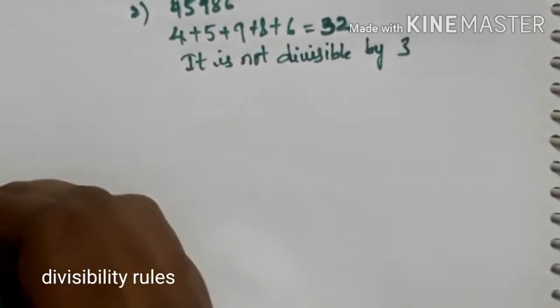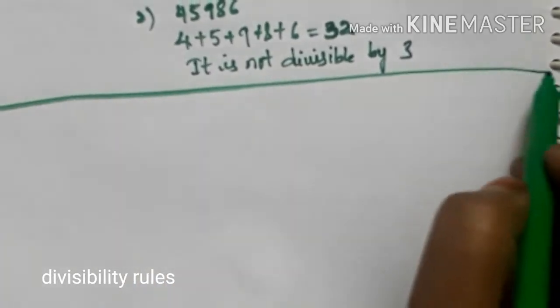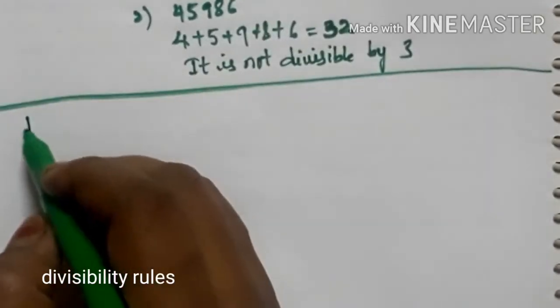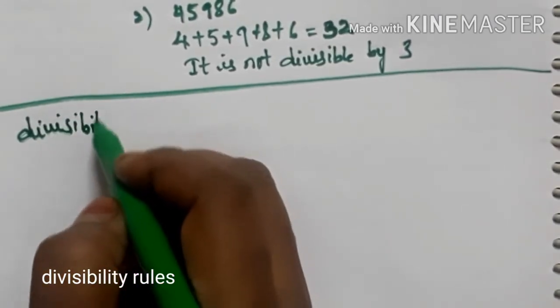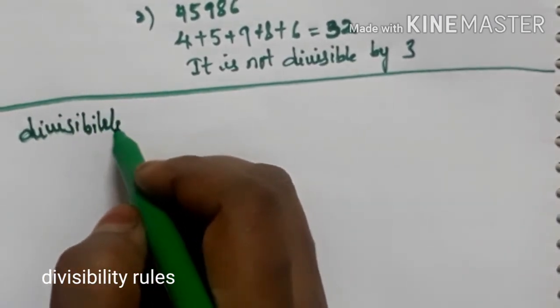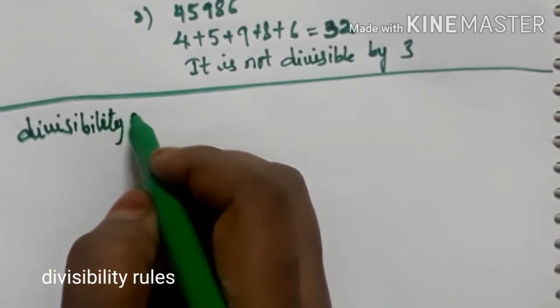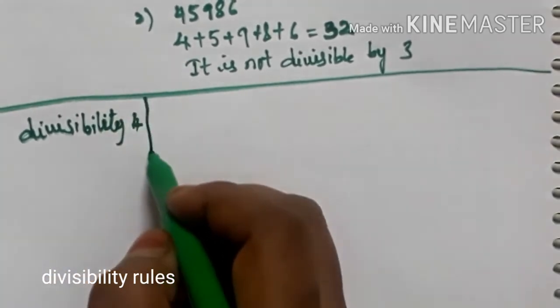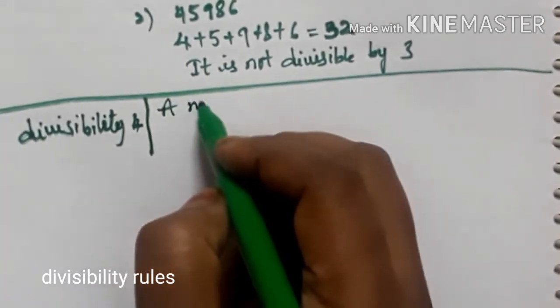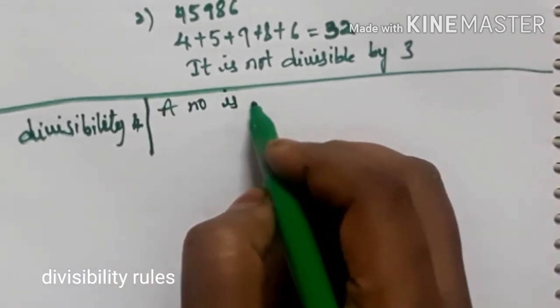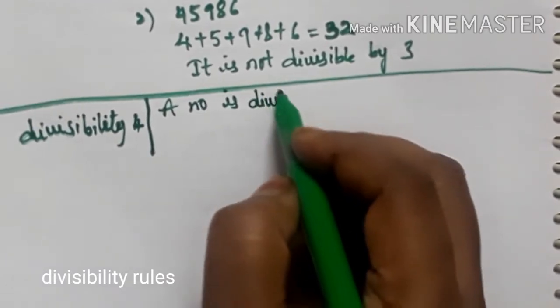Now we will see the divisibility rule of 4. Divisibility by 4. A number is divisible by 4 if its last two digits are divisible by 4.